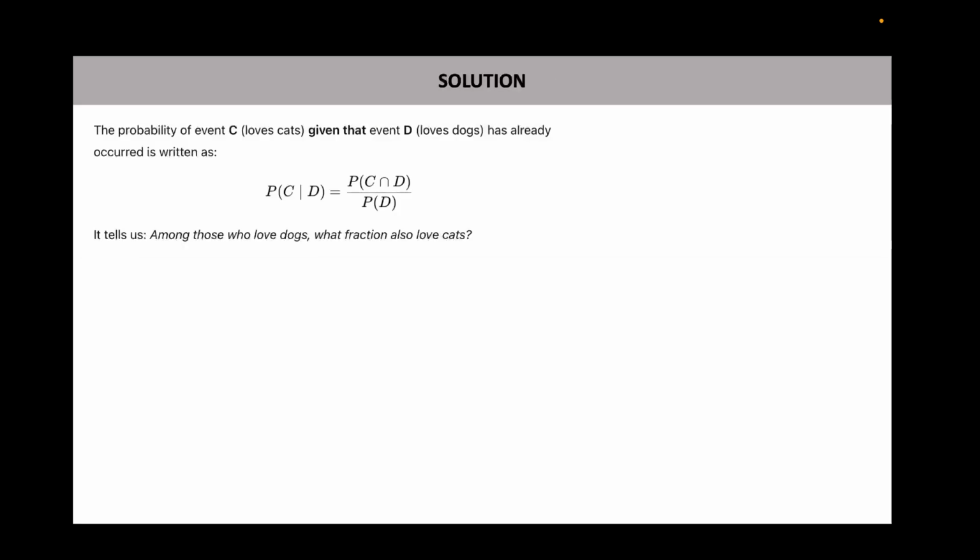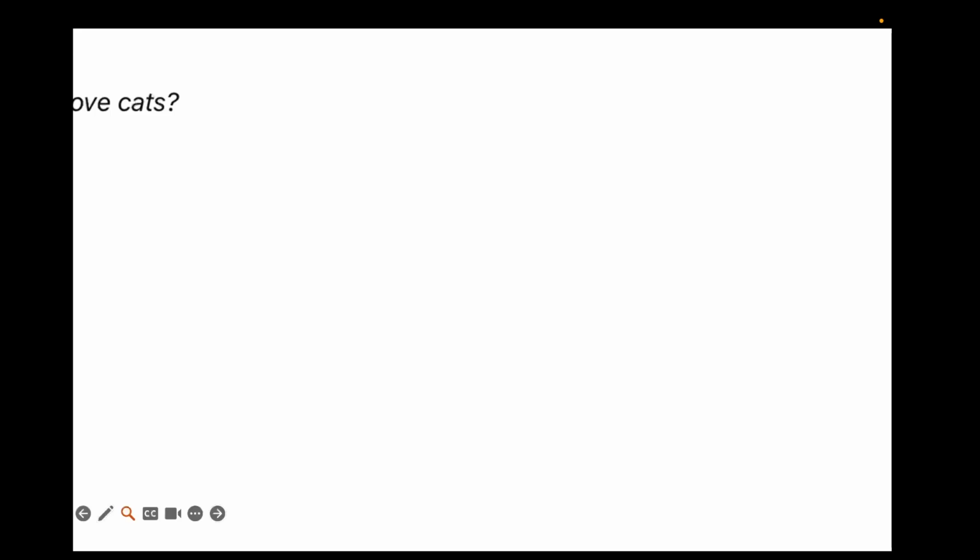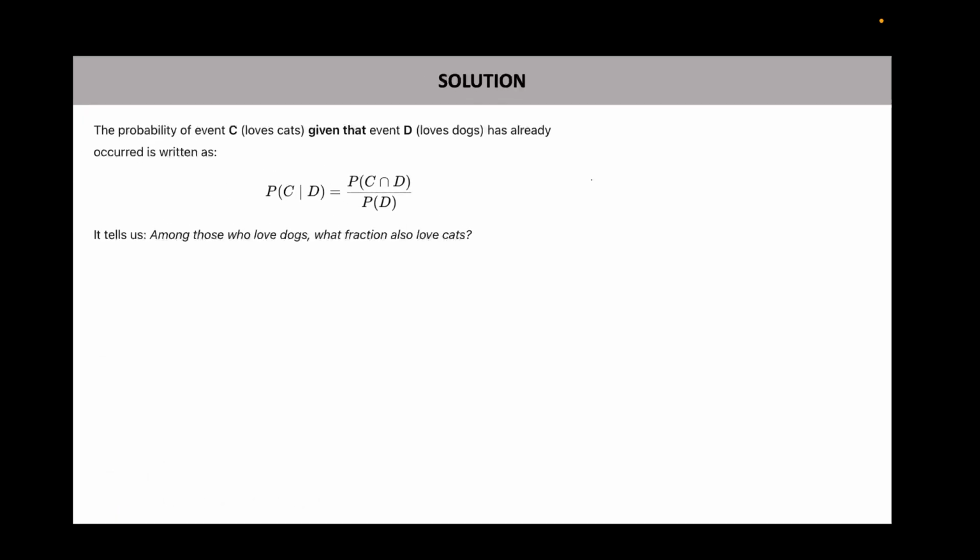Now, when you solve these kinds of questions, this is the formula that you use. Suppose C is for cats and D is for dogs. Then your probability of C will be of individuals loving cats, and your probability of D will be of individuals loving dogs.